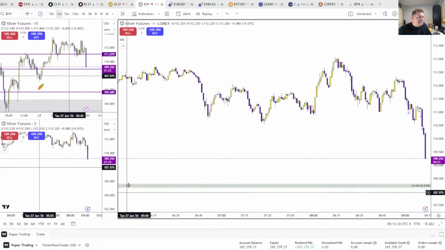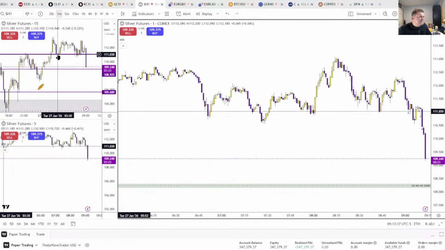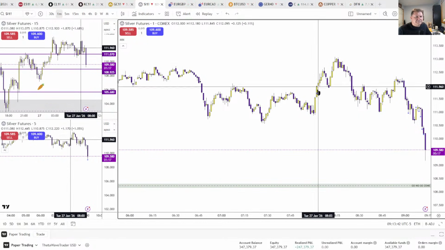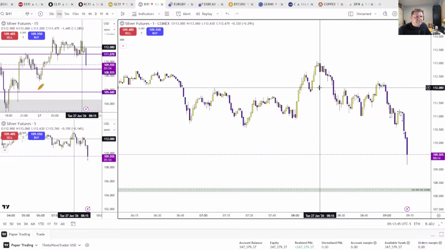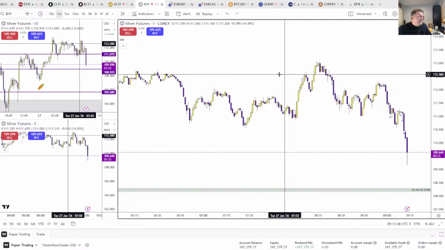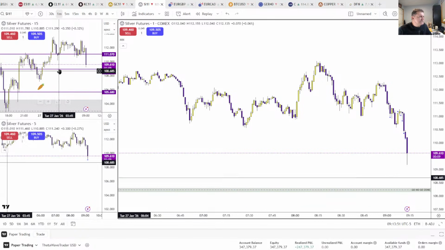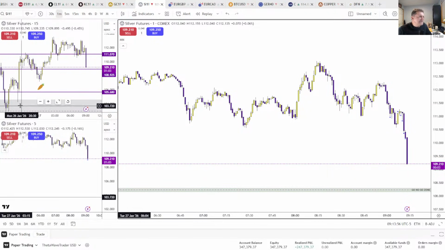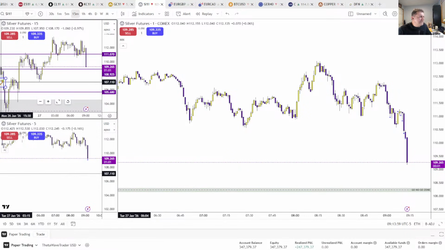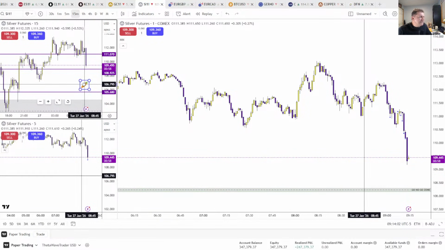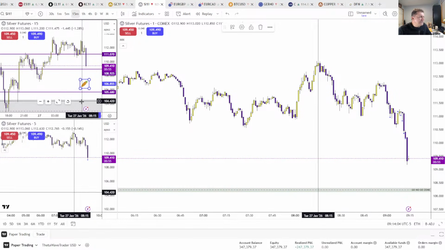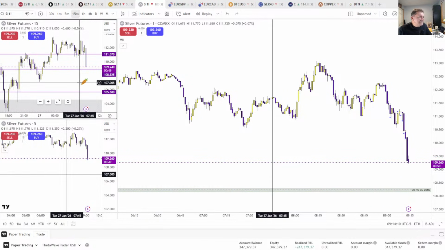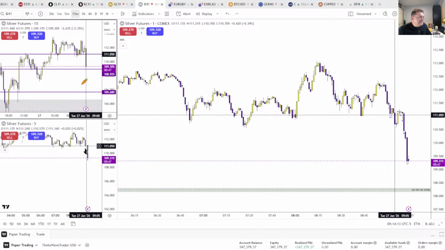Silver trade. I'm looking right here. Take out the carrot on the downside.